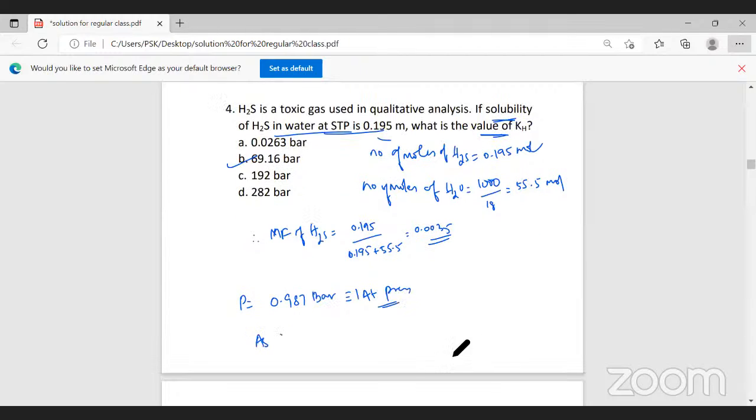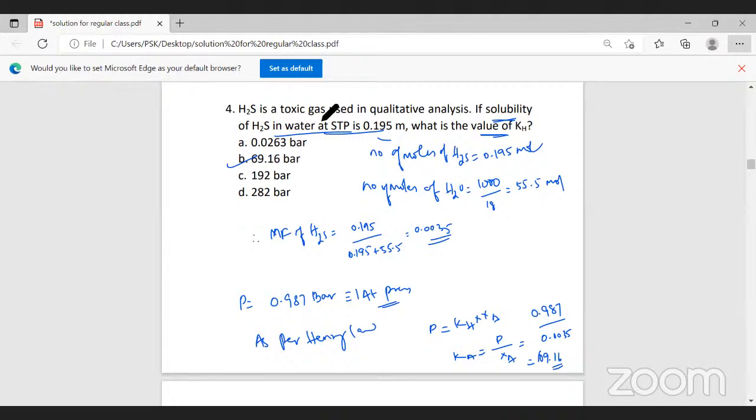Mole fraction. So what will be KH? KH will be equal to pressure divided by mole fraction. Pressure we just now found out is 0.987 and mole fraction is 0.0035. On simplification you will get 69.16. Therefore, the answer for this question is option B.